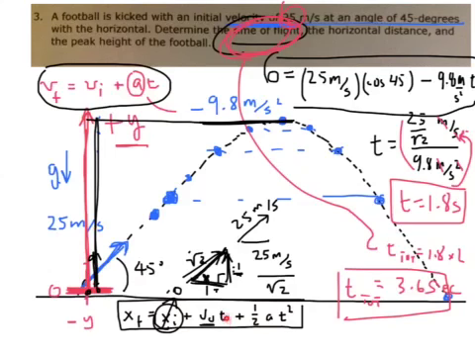We know the time is 1.8 seconds, plus 1/2 the acceleration. Now the acceleration we know is downward, so that is a negative 9.8 meters per second squared, times 1.8 seconds squared. So let's go ahead and write all that down.